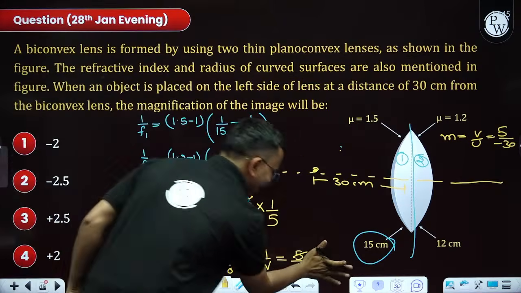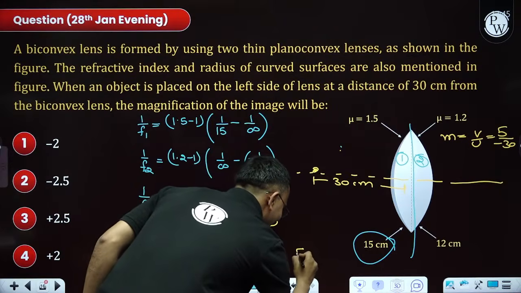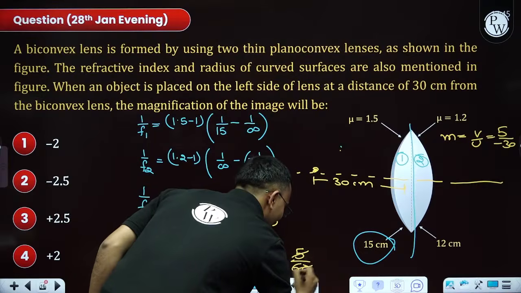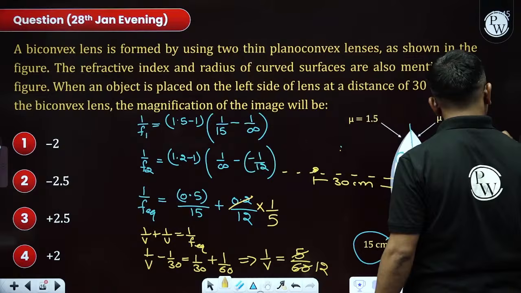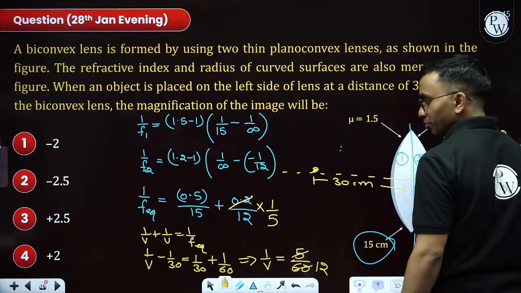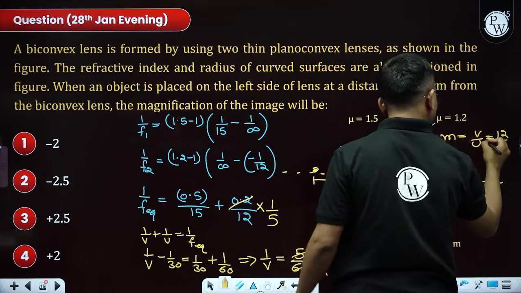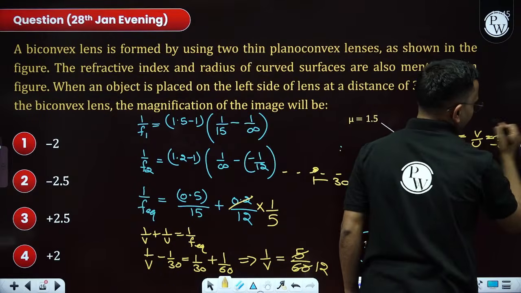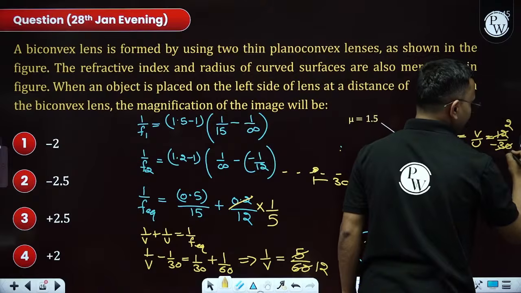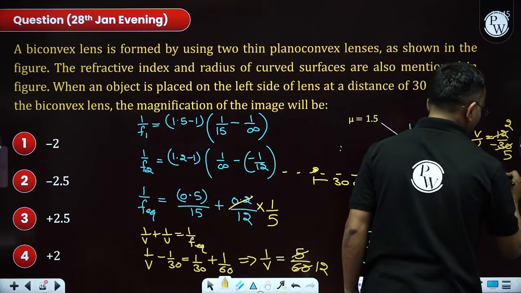Oh, sorry, 5 by 60. It is 12. So V comes out to be 12. U comes out to be minus 30. Now it is fine. 6 into 2, 6 into 5. So minus 2 by 5.